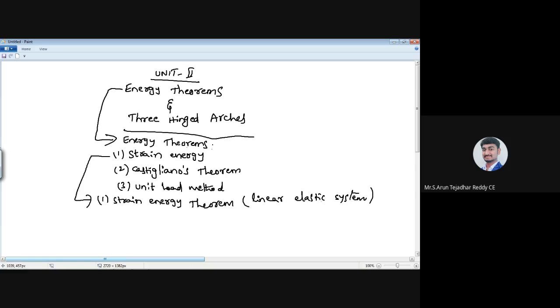Under the linear elastic system, we have the strain energy theorem, and it is applicable due to axial load, strain energy per unit volume, due to bending, and due to shear.